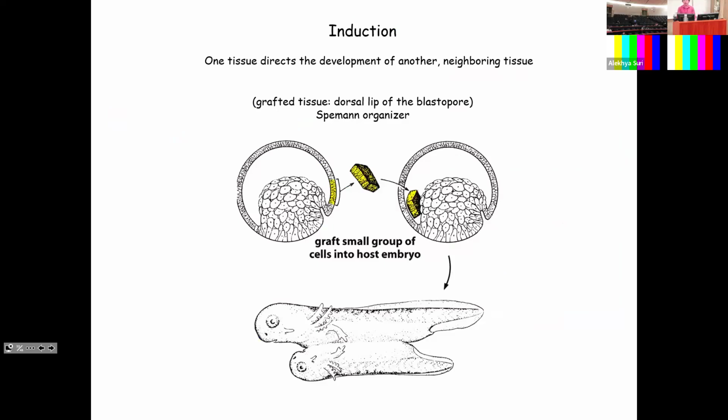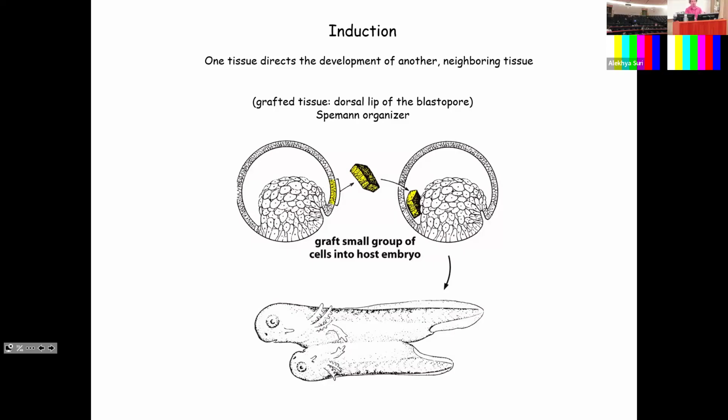This is another typical experiment that people remember very well. It was done by a scientist like 200 years ago. I don't exactly remember the date, Spemann, and it was done with a frog. And again, I want to emphasize the importance of dealing with different animal models for various reasons. In this case, what Spemann did is he took a portion of a blastocyst of a frog.